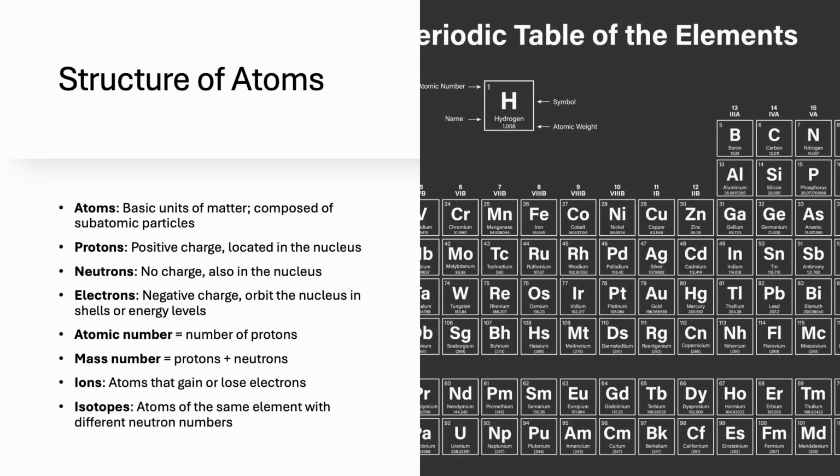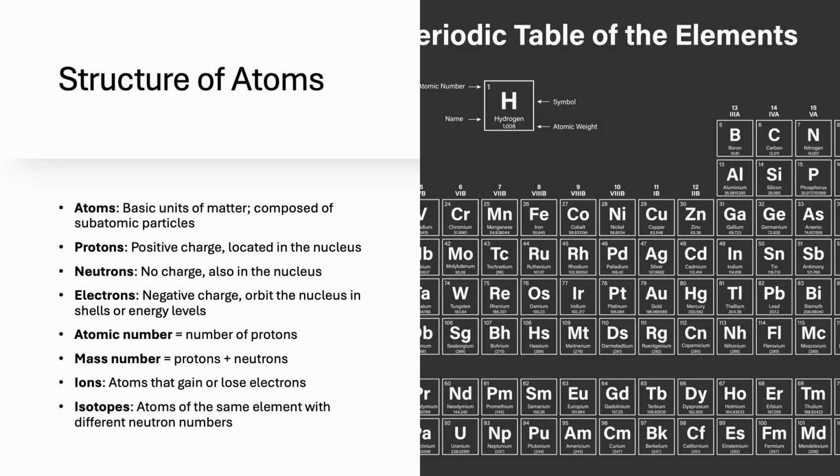Atoms are the smallest unit of matter that still retain the properties of an element. Each atom is made up of 3 types of subatomic particles. Protons and neutrons are housed in the dense nucleus, while electrons orbit around regions called energy levels or shells. The number of protons defines what element it is, and that is also its atomic number. The mass number includes both protons and neutrons.